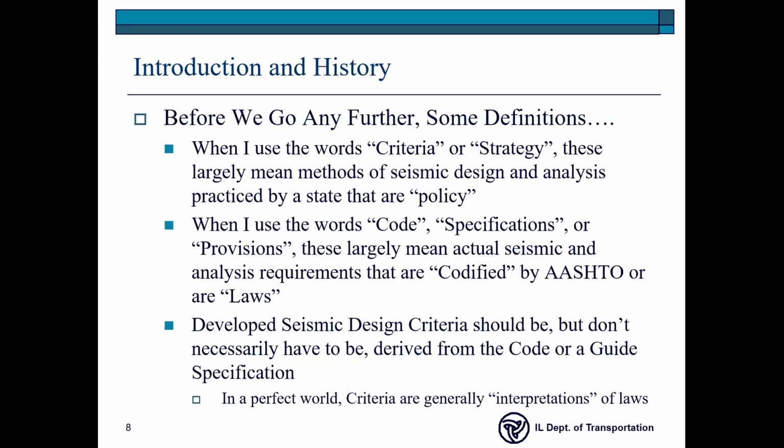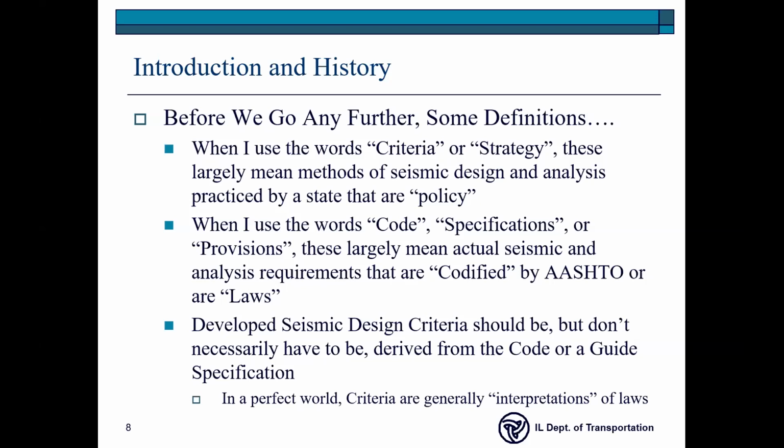Now, I'm going to take a little tangent here, okay, because seismic design strategies, code provisions and criteria are treated a little differently than regular design building code provisions. A lot of times criteria happen before codes, and the criteria are like rules and policies that states or municipalities use to do design. They're usually interpretations of code, okay?